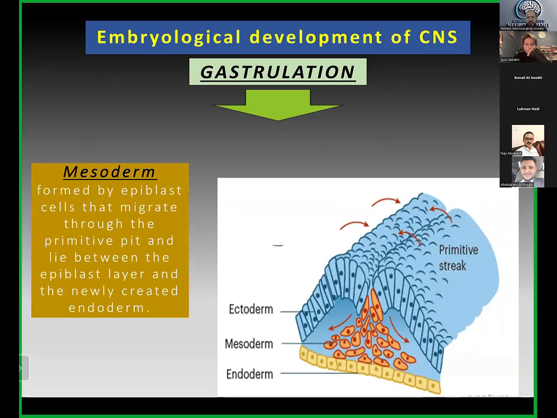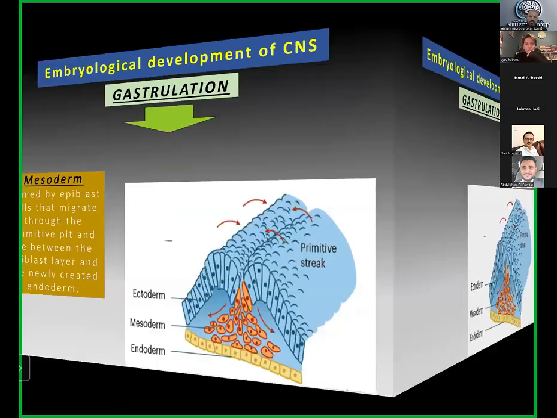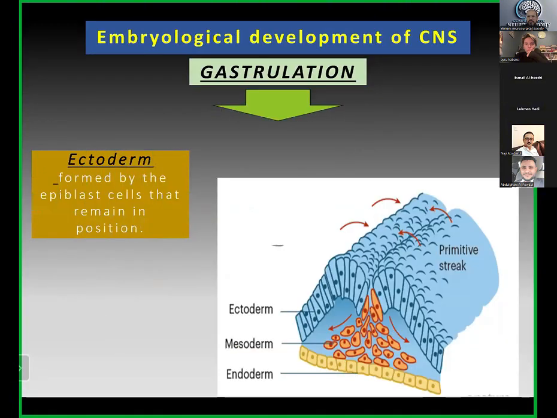the space between the endoderm and the ectoderm. While the ectoderm is the outer layer, formed by the differentiated cells of the epiblast, which replace the cells of the epiblast, and it remains at its position.